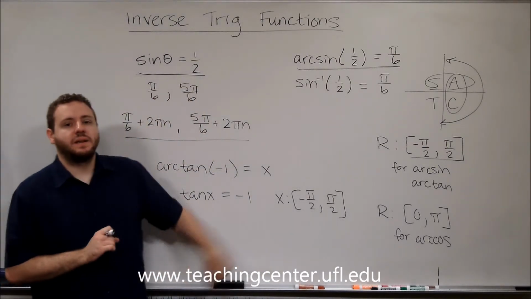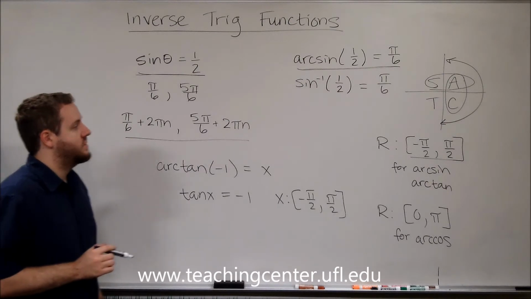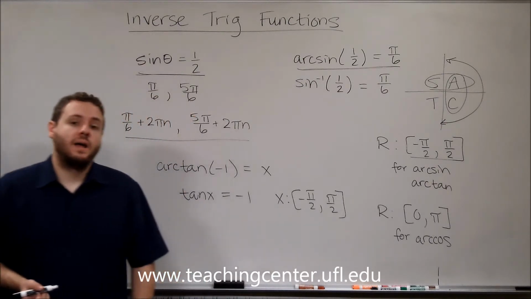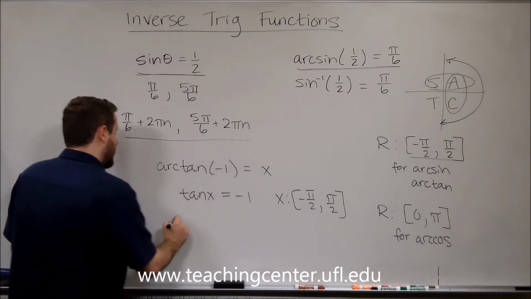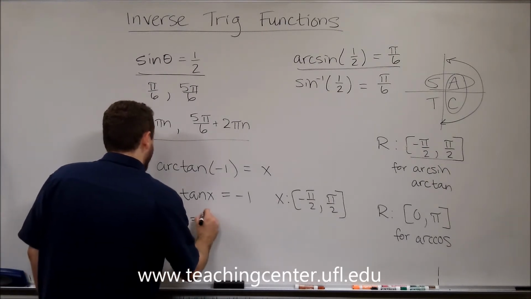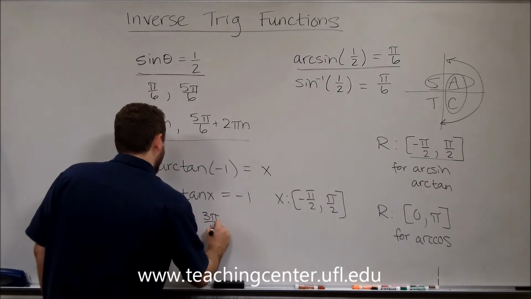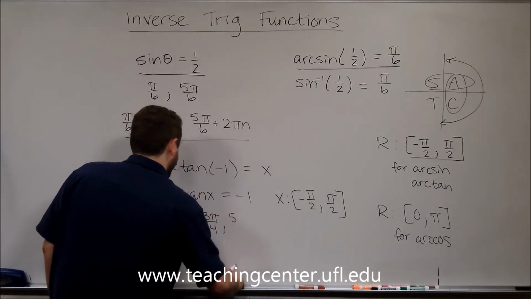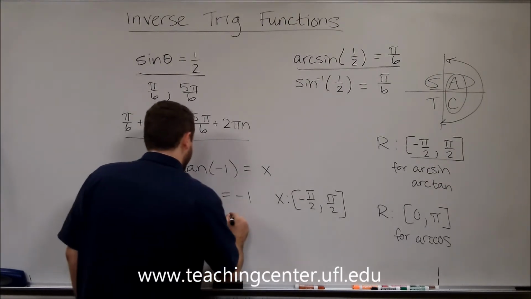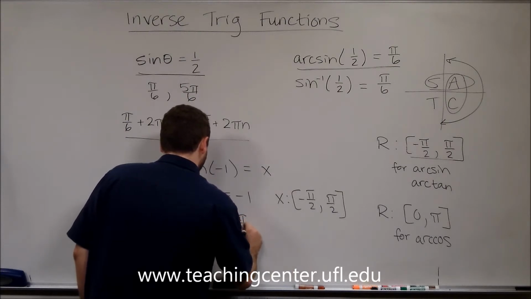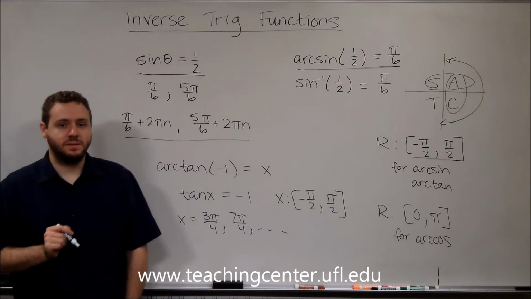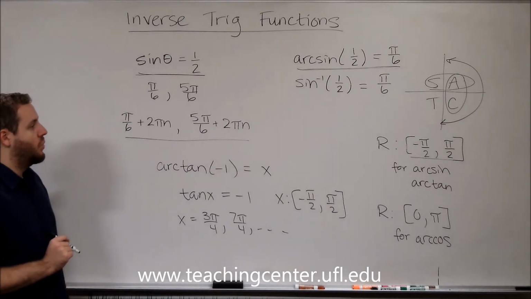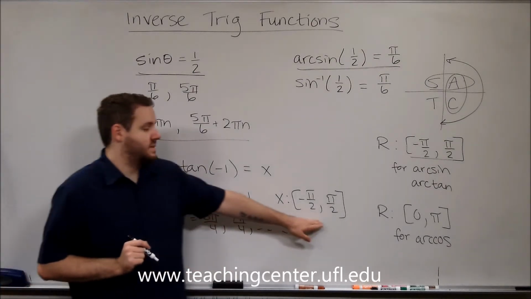So where is tan equal to -1? Well, tangent is equal to 1 at an angle of pi over 4. It's equal to -1 at 3 pi over 4, 7 pi over 4, etc. It is equal to -1 in many places. But which of them is in this range?